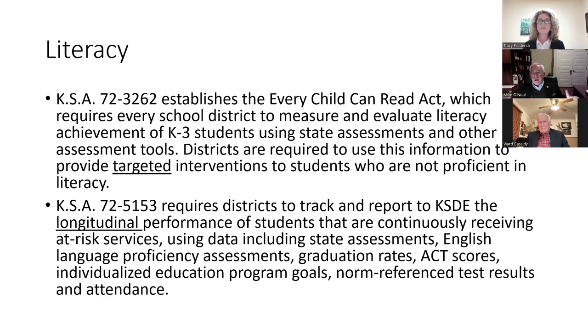So instead of looking at a snapshot of this 3rd grade class, and then next year's 3rd grade class, was there improvement from this year's 3rd grade class over last year's 3rd grade class? Okay, that may be important to some, but those 3rd graders from last year are now 4th graders, and they'll become 5th graders, and they'll become 6th graders. How is Johnny and Susie progressing from 3rd, 4th, 5th, 6th, and so on?